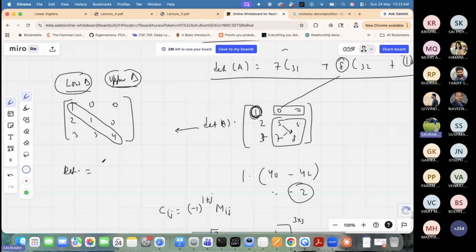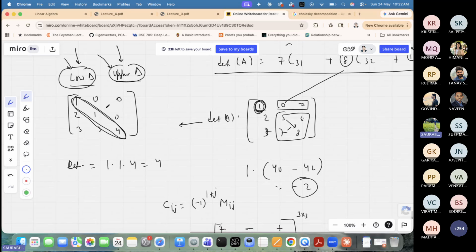So the determinant of this would be 1 into 1 into 4. That's all. Okay, and that's why these lower triangular and upper triangular matrices are very important. So if you have to find the determinant of a lower triangular matrix, or of an upper triangular matrix, it would be nothing but what lies in the diagonal elements. Just take a product of them, and you will get the determinant.